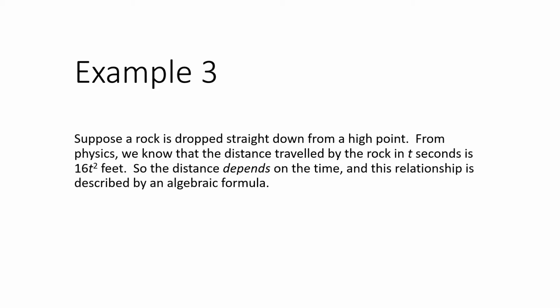Another way to think of a function is as a vending machine. If you have, for instance, a Coke machine, there's an input, which is the button that you push, and an output, which is the drink that comes out of the machine.